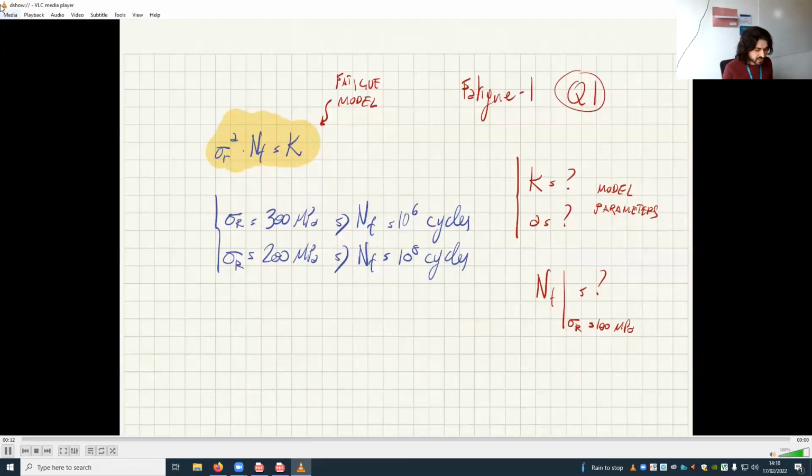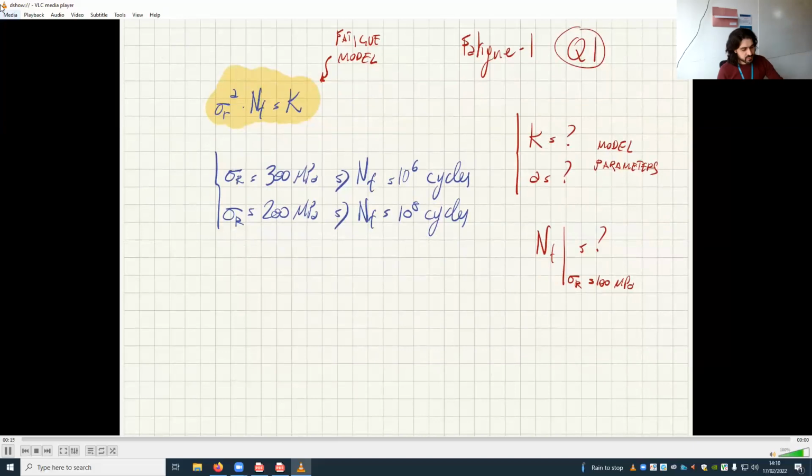Okay, so we have these two conditions here, condition 1, condition 2. So let's substitute conditions 1, 2 in the model.